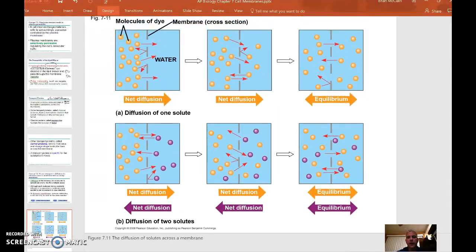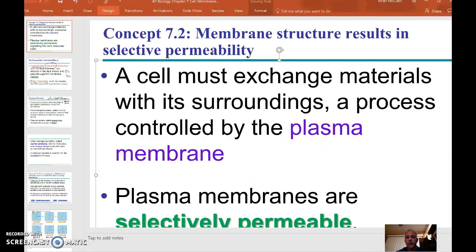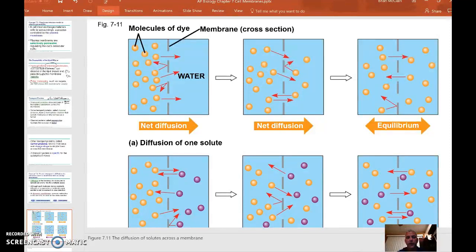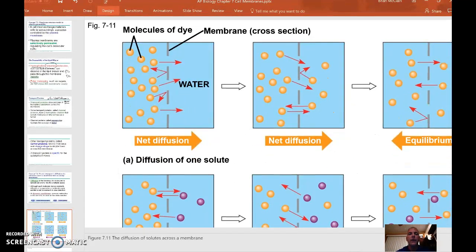So if we look at these diagrams, let's start up here first with just the top half of this diagram. Initially, we have created an environment where we have a concentration gradient. All right, so please be clear that you understand what a concentration gradient is. My environment on this side appears to be 100% water and 0% solutes, whereas over here I have some concentration of solute.